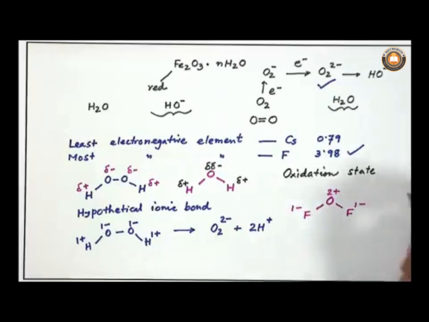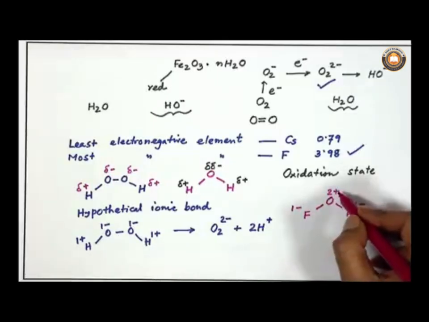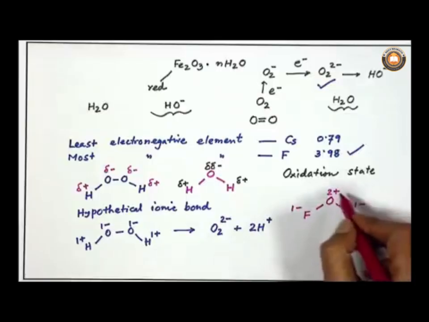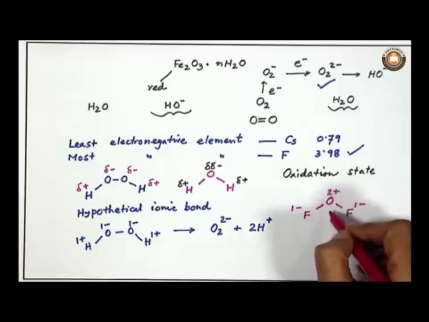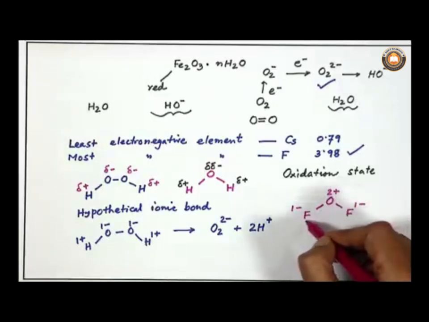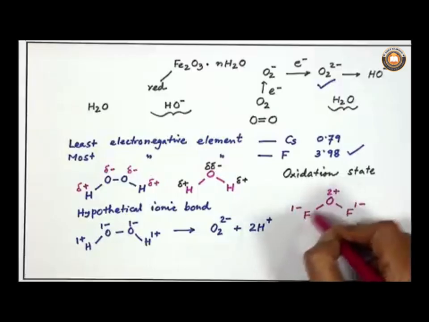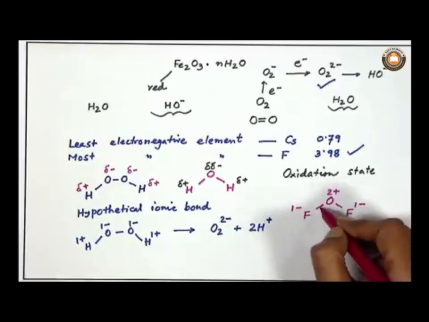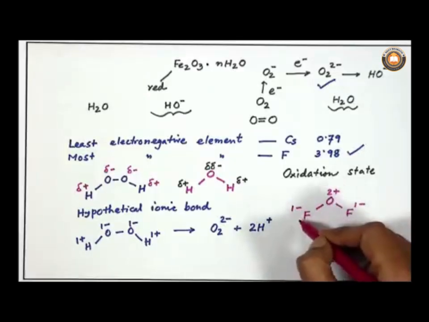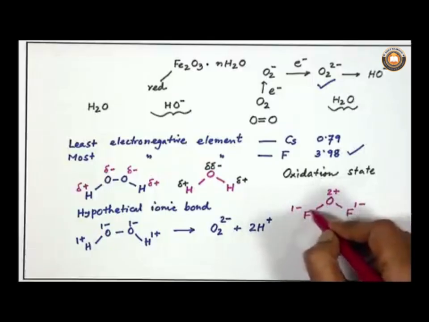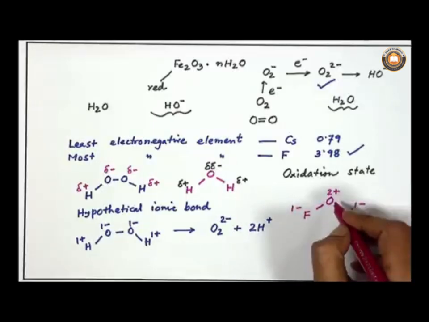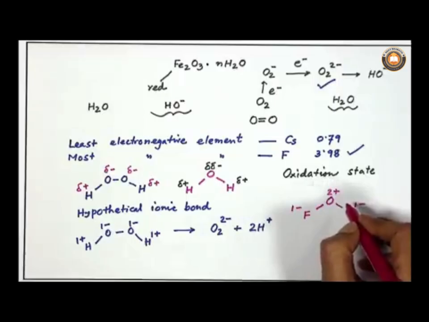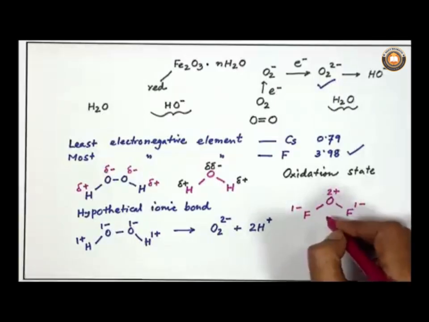It is very unusual that we can have an oxygen center present in the OF2 molecule which has acquired a 2 plus positive charge, but since it is attached to the fluorine atom, where the charge separation is of a different nature, fluorine will attract the electron pair of this O-F bond towards itself and acquire a negative charge. So, O will acquire 2 plus. So, that is why acquiring of positive charge on this particular species is not unusual.